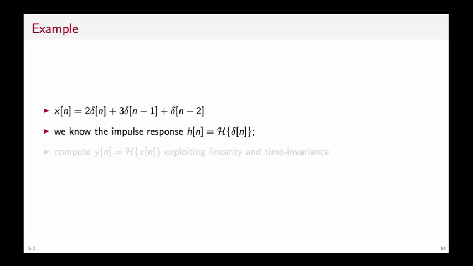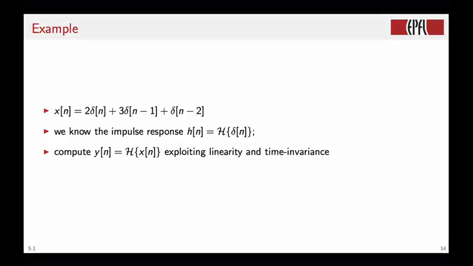Now we know the impulse response, so the response to the delta, and by exploiting linearity and time invariance, we can compute the response of the system to the input sequence x of n just by knowing the impulse response.